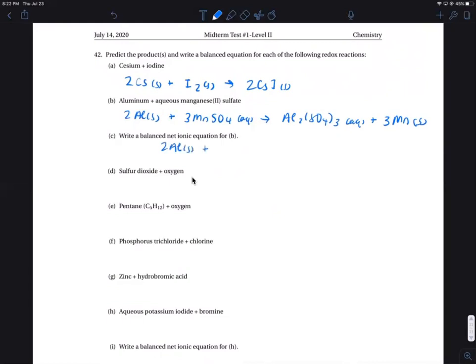keep the solid a solid, and then split apart into the ions. Split this apart into ions as well. 2Al3+ and 3SO4 2-.